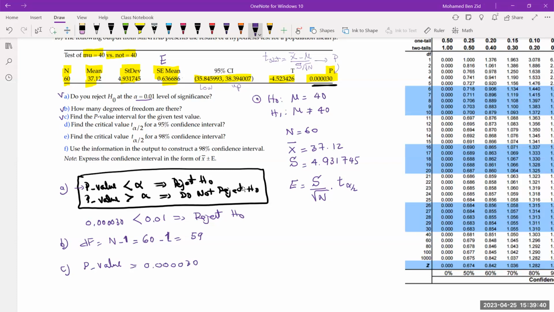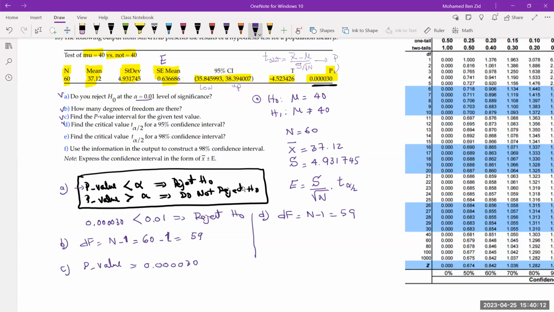Now they are looking for T of alpha over 2 at 95% confidence interval. So this question, we can say, is independent from the Minitab output. You just have to use the table. For D, what you need is the degrees of freedom, which is n minus 1, which is 59.